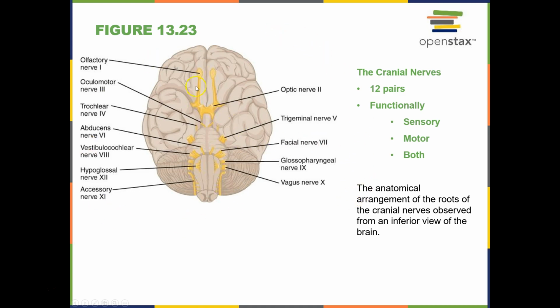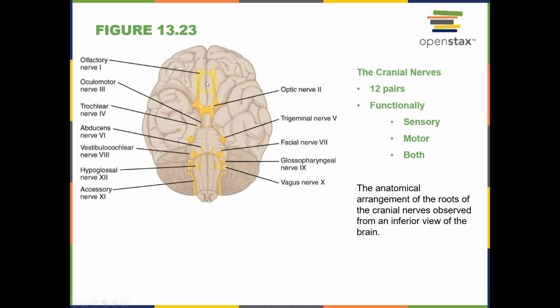We have 12 pairs of cranial nerves that you do need to know. Each one has specific functions. Some have multiple functions, some have only one function. You want to know for each cranial nerve if they are sensory, motor, or both sensory and motor, and what function they have.